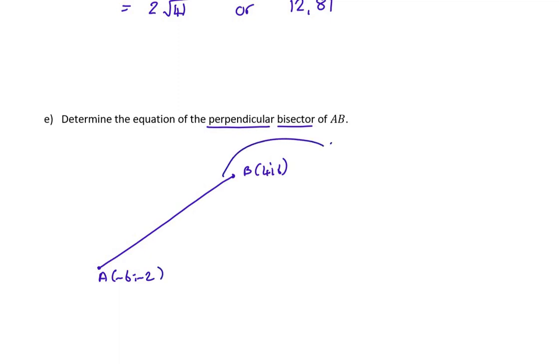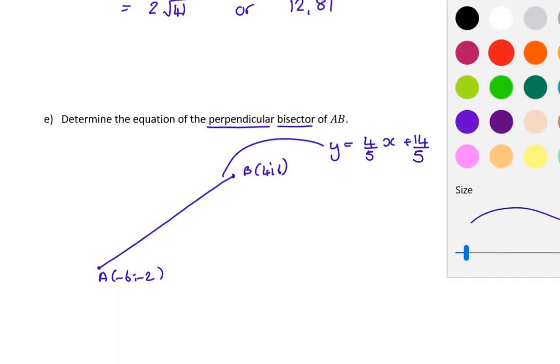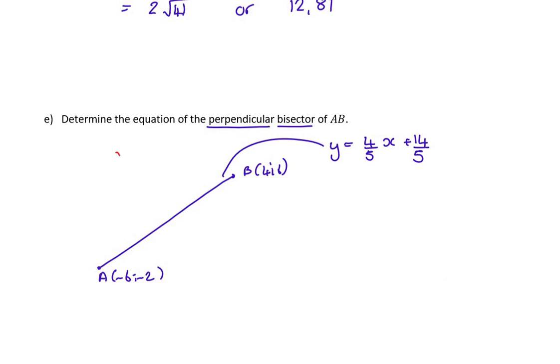And just so we remember, this gradient was 4 over 5x plus 14 over 5, if my memory is correct. Now the perpendicular bisector, don't forget, is the line which goes straight through the middle, because bisect means to cut in half. So I'm going to label that as M. So bisector means cut in half.